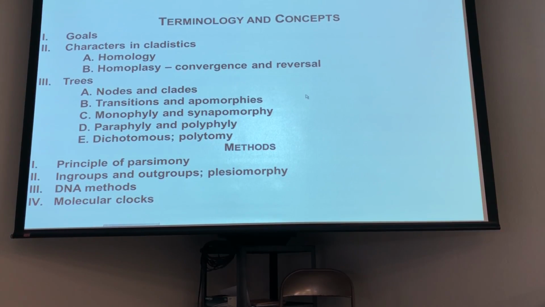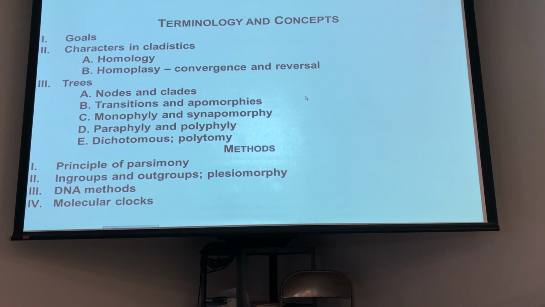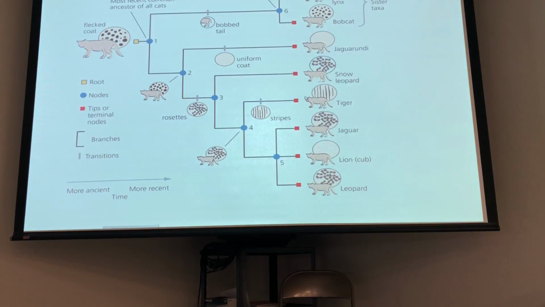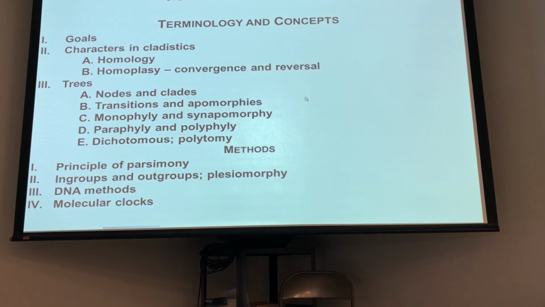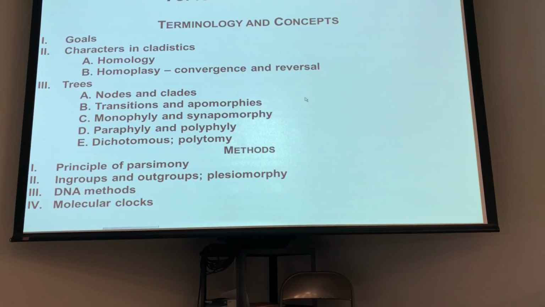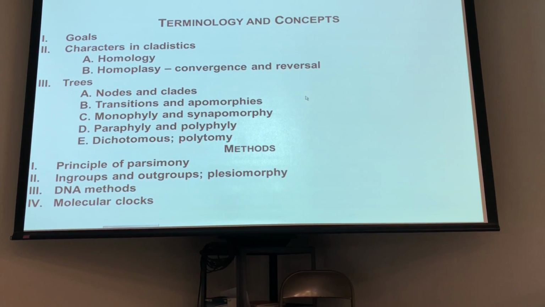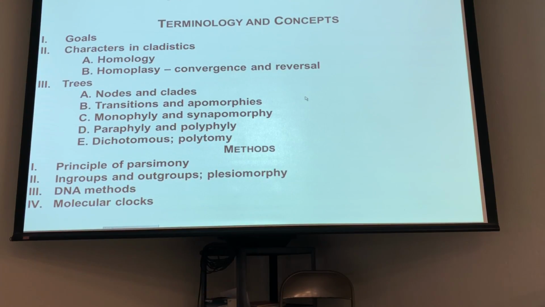Homoplasy is something we like to minimize. Homoplasy includes convergent evolution, what we sometimes call analogy. Remember, these are traits whose similarity is not because of relationship, but because of similar function or adaptation.